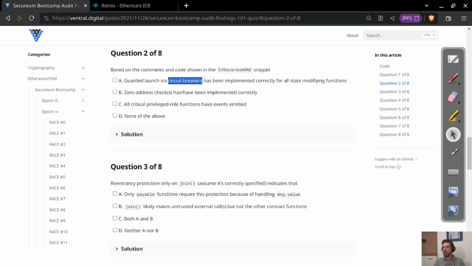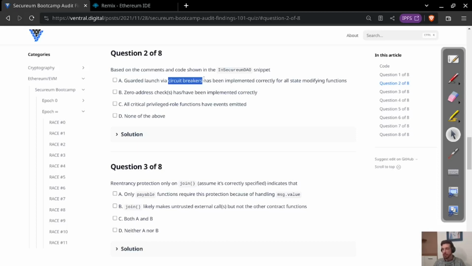Just like a real world circuit breaker that breaks when there is some overload on your electricity. Here as well, it should be some assertion that is checked during the execution, and when this assertion is broken, the entire contract is put into some paused state so that an expert can take a look to make sure that everything was all right and nothing went in unexpected ways. So that is a circuit breaker.